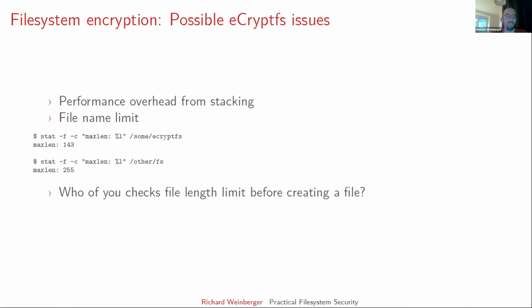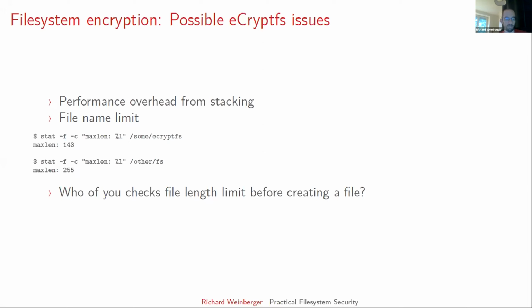There are some problems with Ecryptfs. One is there's a performance overhead from stacking. Usually this is not a big deal on a regular system, but on a memory constrained embedded system, there is an overhead and it's there. But the biggest one is that there's a limit on the file name length.